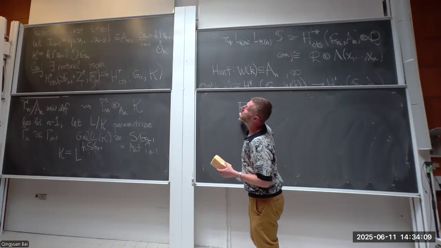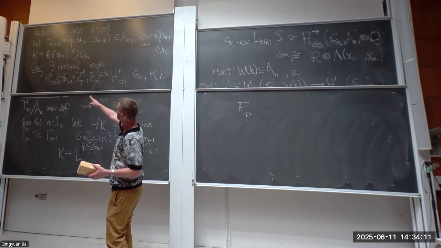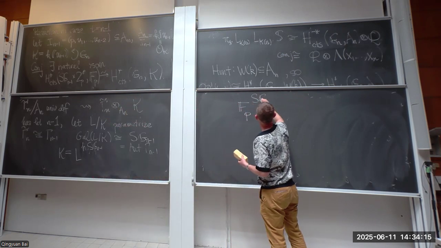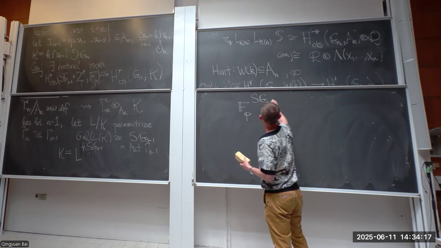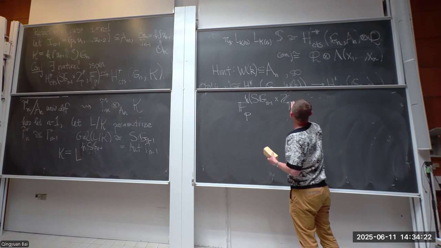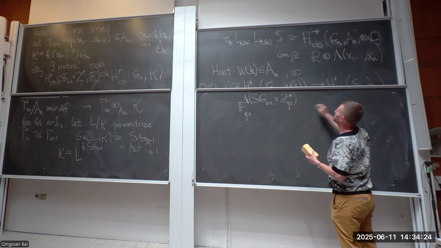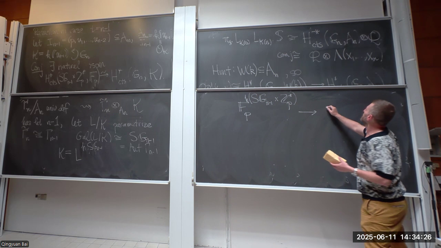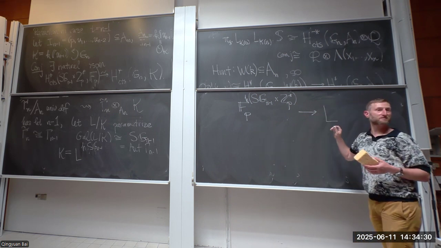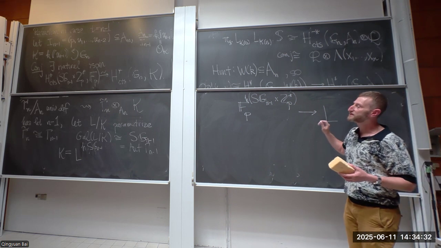Here, I want to conjure up the continuous cohomology of that product group. F_p maps towards L, of course, because L is an F_p vector space.